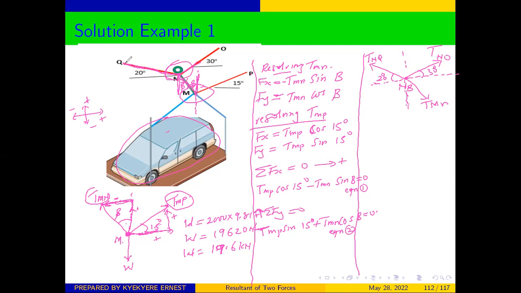Because it's a straight cable and it is on the pulley, they will have the same forces. Therefore, we can also refer to TNO as TNQ because it is the same cable running over the pulley.